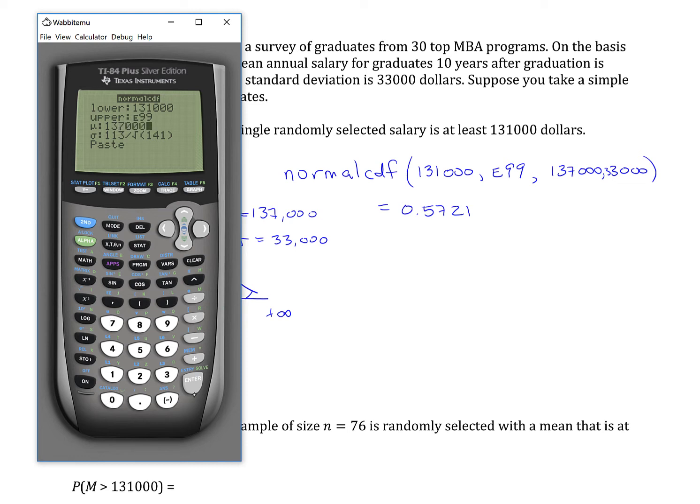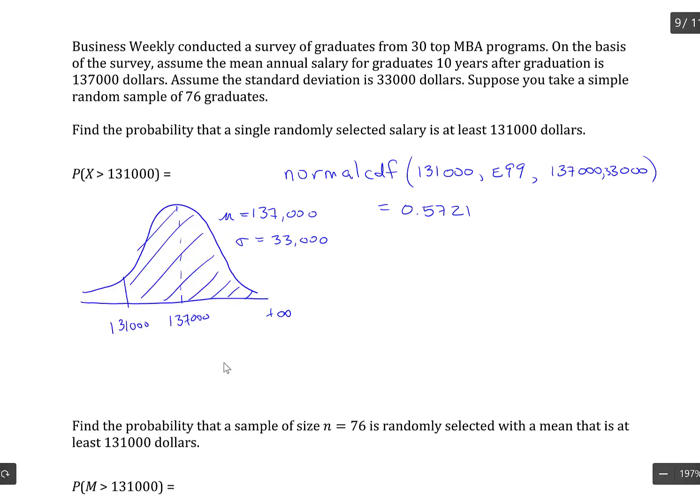So it's just to help you. So if you have them, it's nice, but if you don't have them, it's not essential. The problem can still be solved. In fact, it just takes those numbers and plugs them into normal CDF for you. So either way is fine.